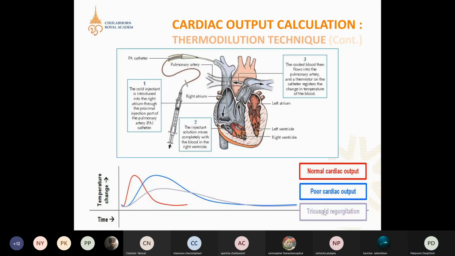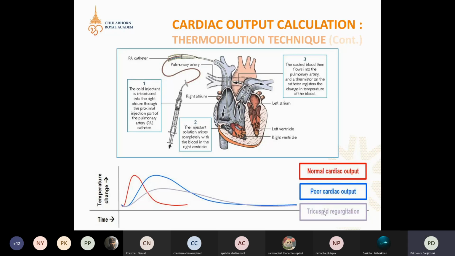So if we do the thermal dilution technique in tricuspid regurgitation patients, definitely the final cardiac output will not be accurate anymore because of the blood flowing back into the right atrium.